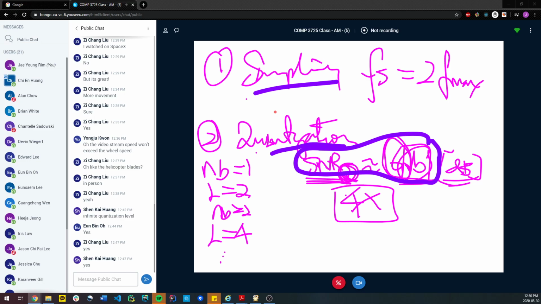How many bits do you need per sample if you want an SNRQ of no less than 40 dB? Anyone?